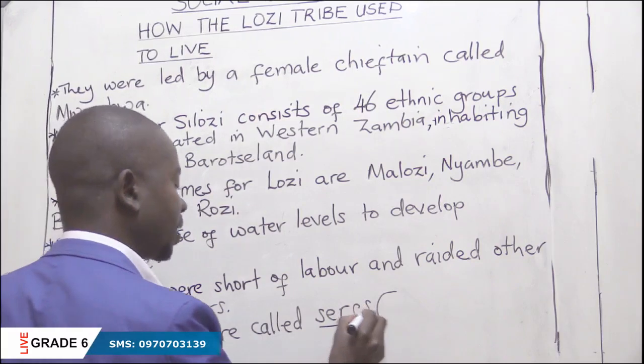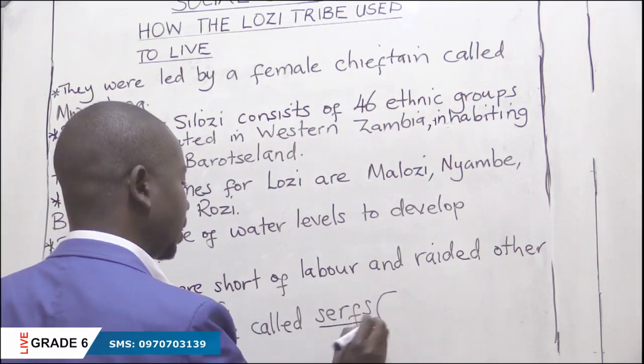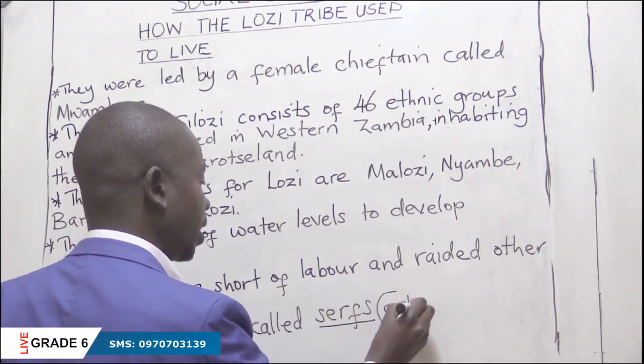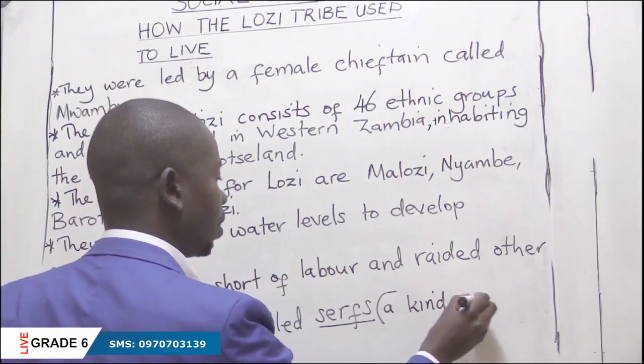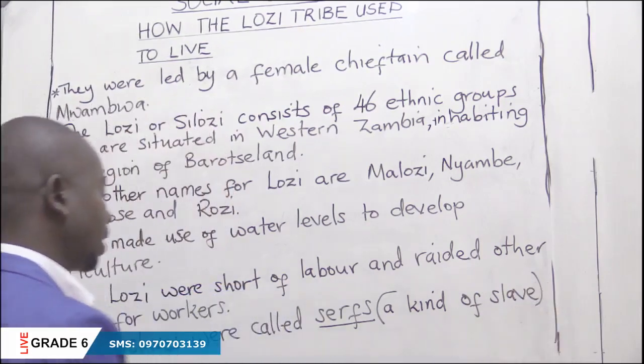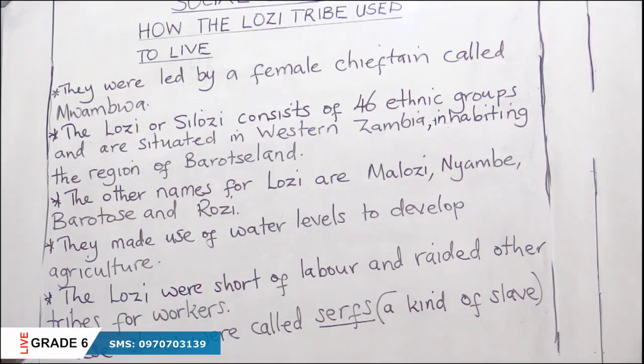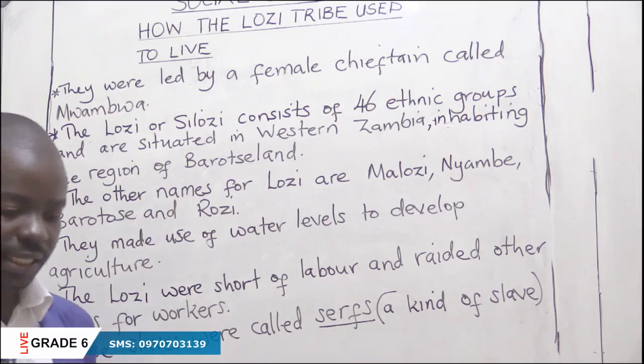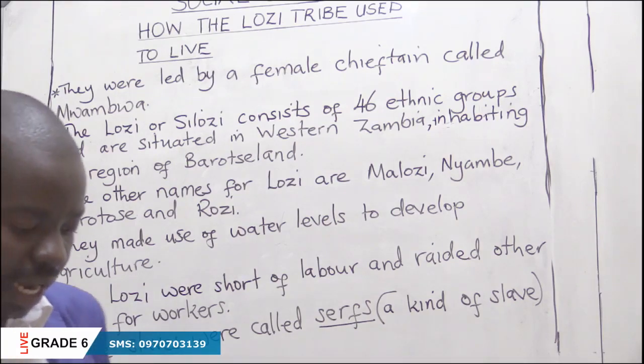The word serf means a kind of slave. So they raided other tribes in order to get workers, and these slaves were called serfs, which is a kind of slave.